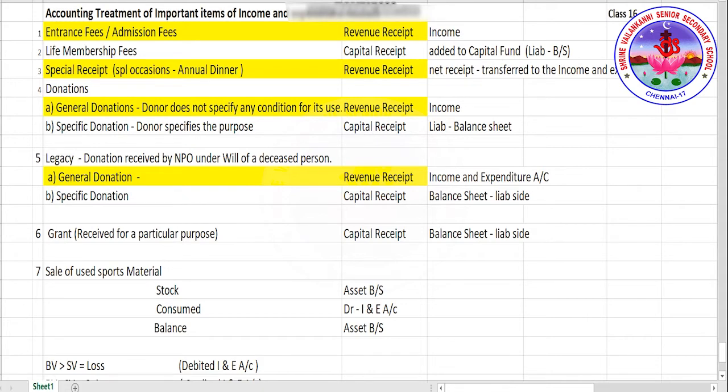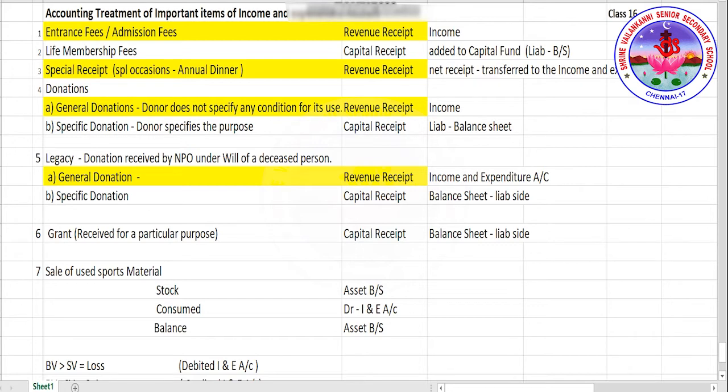Then special receipts, for special occasions like the annual dinner, are revenue receipts, again in the income and expenditure account. Donation has two types: general donation and specific donation.